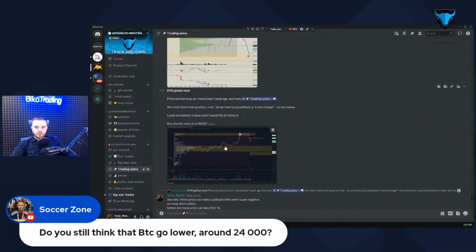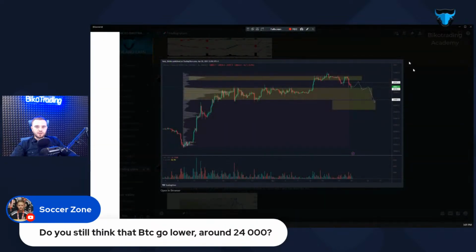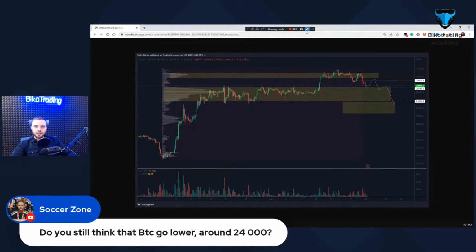I still think about this plan because many times I saw that when price did a reversal, it went below this major volume profile. At this moment, BTC did get out from this big volume profile, and I know that in this area there are a lot of buyers' stop losses. I would not be surprised if price went down.